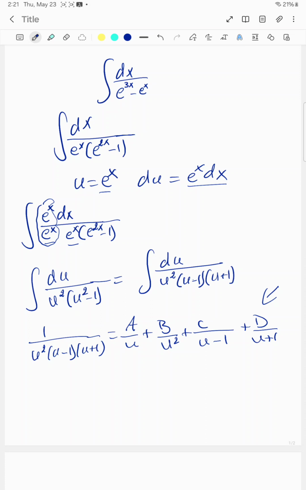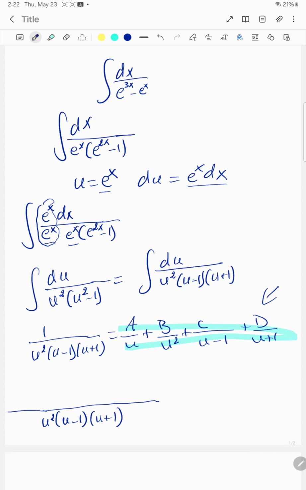So now let's take the right hand side of my equality, a divided by u plus b divided by u, and I will do a common denominator on my right hand side. So the common denominator will be u square times u minus 1 times u plus 1.